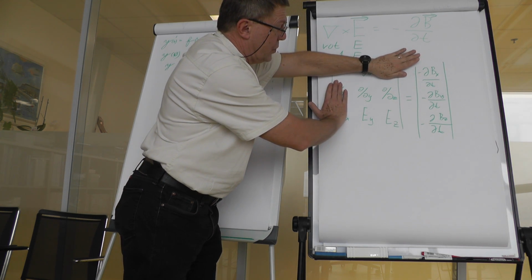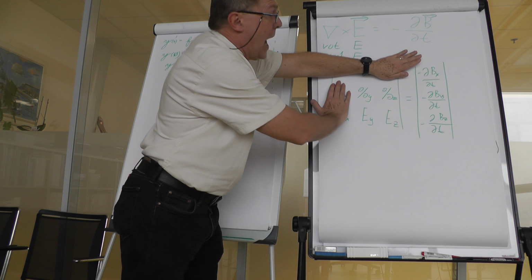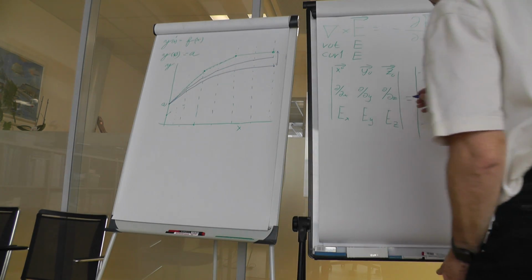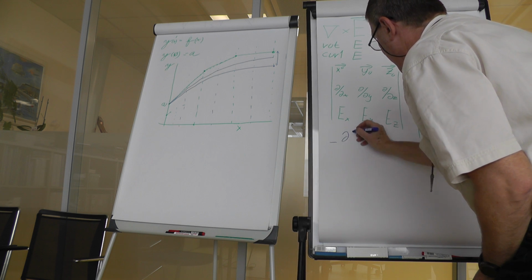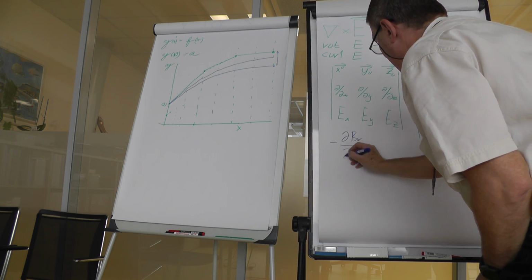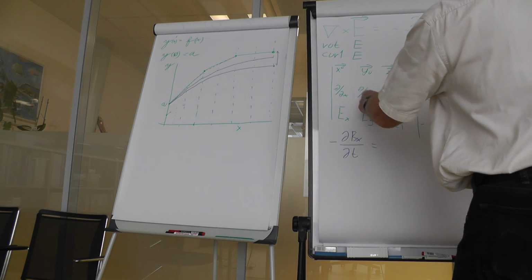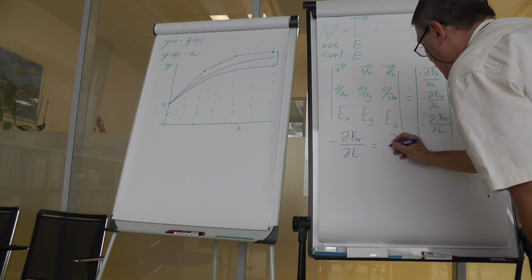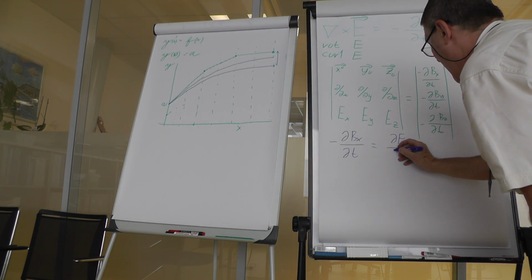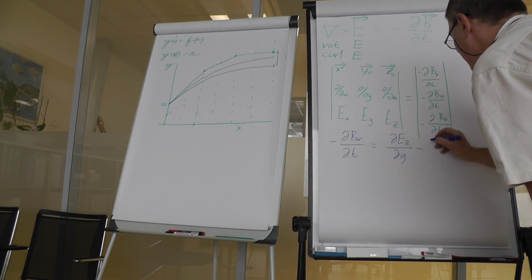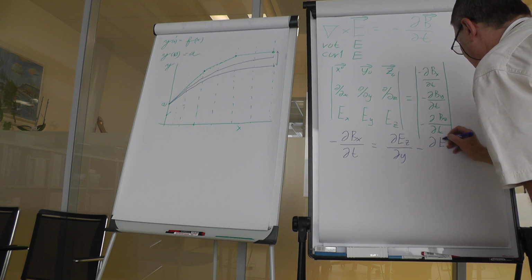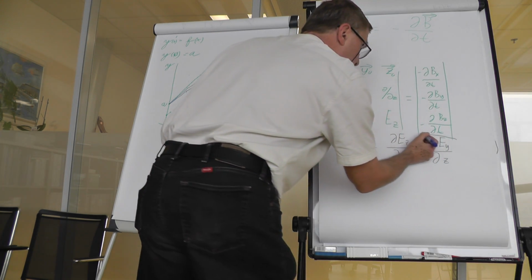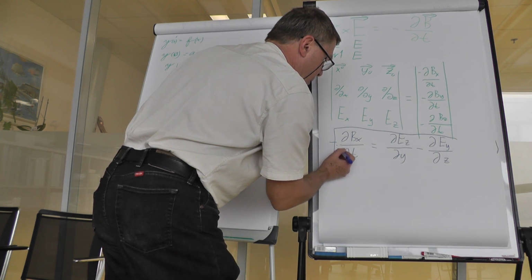So we would hide those two parts, the row and the column, and we'll get an equation which reads, so the minus derivative of Bx against time is equivalent to space derivative of Ez, the Z component of the electric strength, against Y, minus the derivative of Ey component against Z. So this is one of the equations we have obtained here.